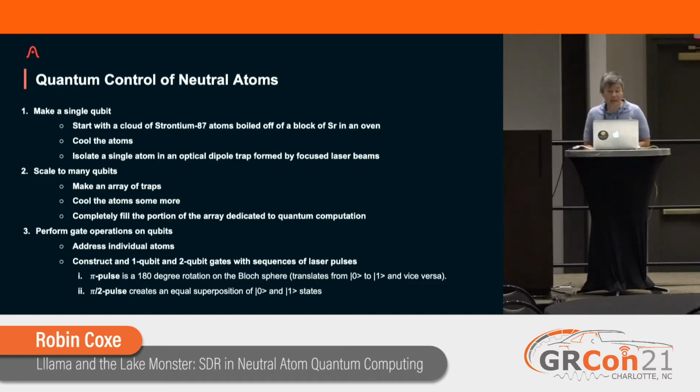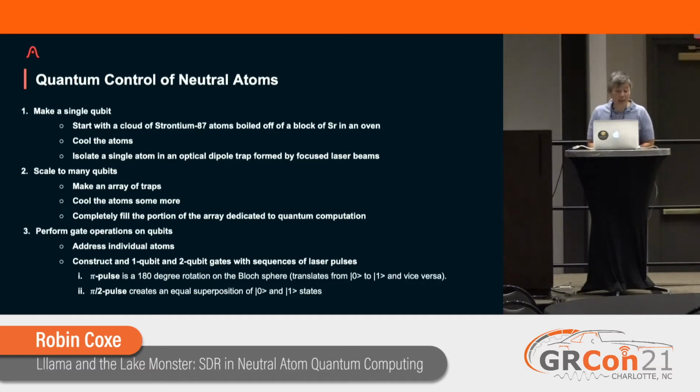So we can fully fill the array, the computational region of interest, by moving atoms using the laser and RF pulses from outside the region of interest into the empty spaces in the array, so we have a fully filled array. I'll show an example of that in a minute.